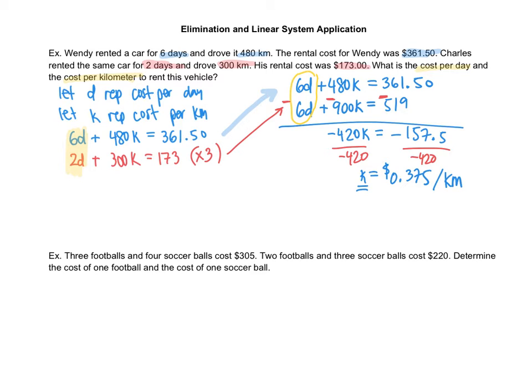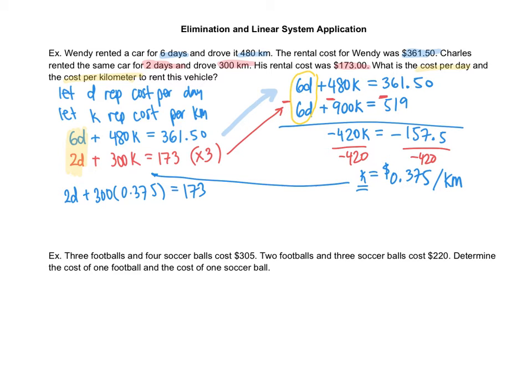Okay, now that we have this, let's plug it into either equation. I'm going to go into the second one because the numbers seem smaller. So 2D plus 300 times the K value we just got equals 173.